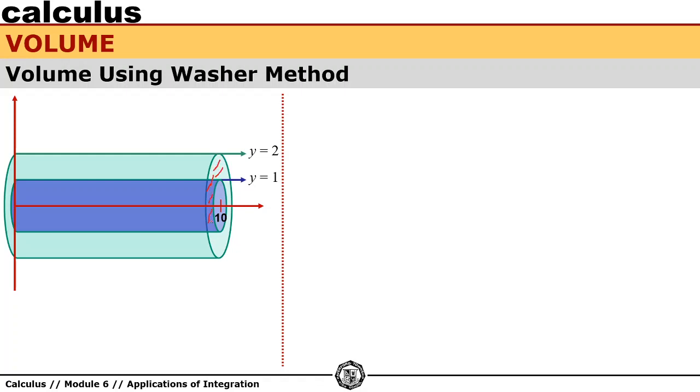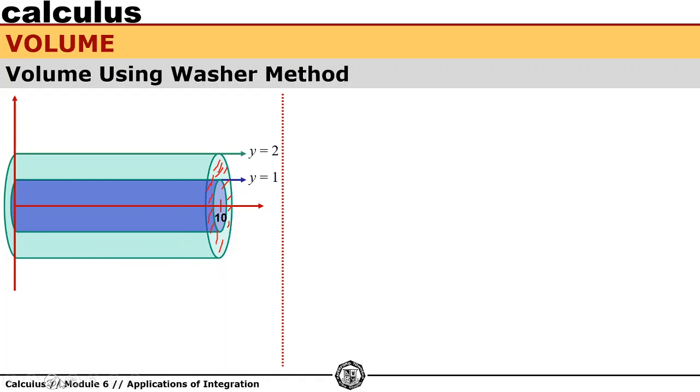I don't know if this helps with the visual, but I want to find the volume of this shape, where these lines represent the surface, and the blue core is hollowed out. All right, so that's going to be our goal.